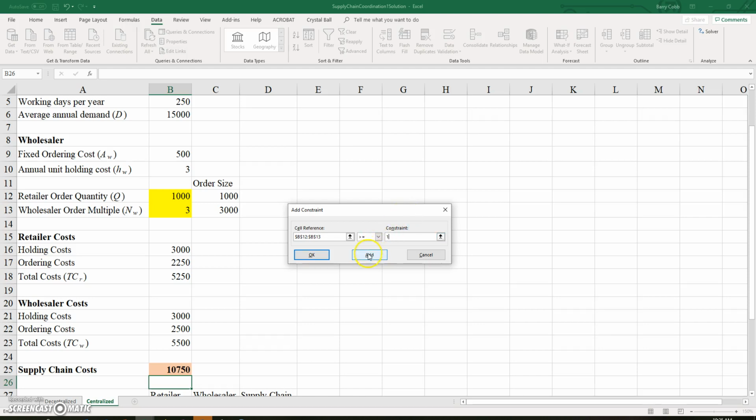But we add a constraint that the wholesaler order multiple is an integer. An integer constraint is added by using the drop-down box in the middle of the constraint window and selecting int, which stands for integer.